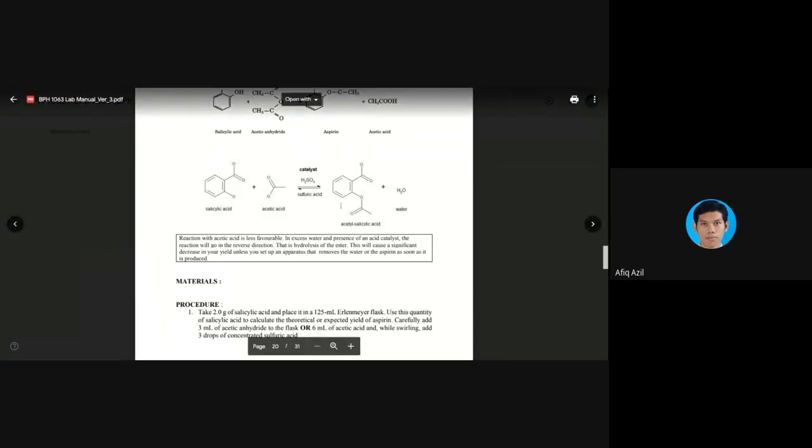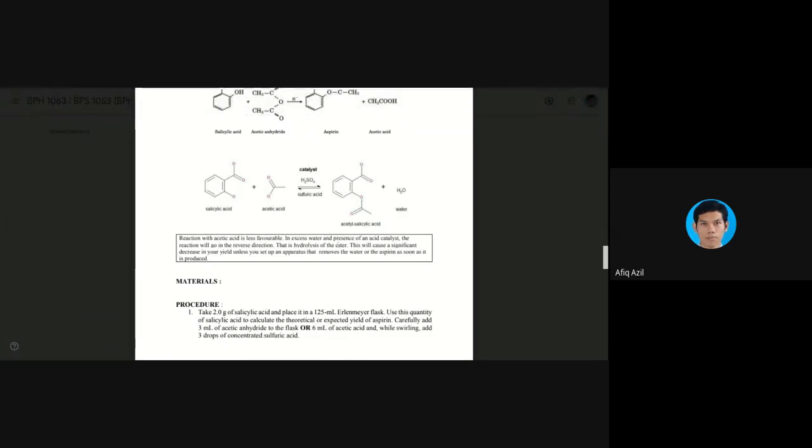In excess water, since the reaction itself produces water, and there's also an acid catalyst because the reaction is done in acidic condition, the reaction will go in the reverse direction once the product is formed. This is known as the hydrolysis of ester. Since you just formed an ester, it can be hydrolyzed back to the corresponding carboxylic acid and alcohol.